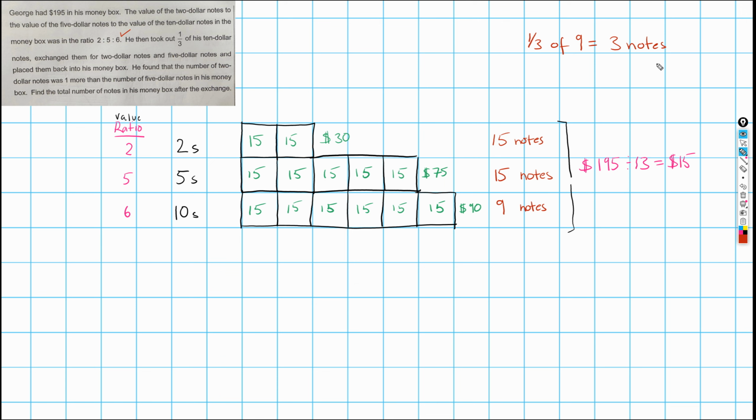So we need to know this value. These 3 notes are equal to $30 in value. So what we're going to do is think about the ways that we could exchange $30, how we could partition $30 into $5 and $2 notes.